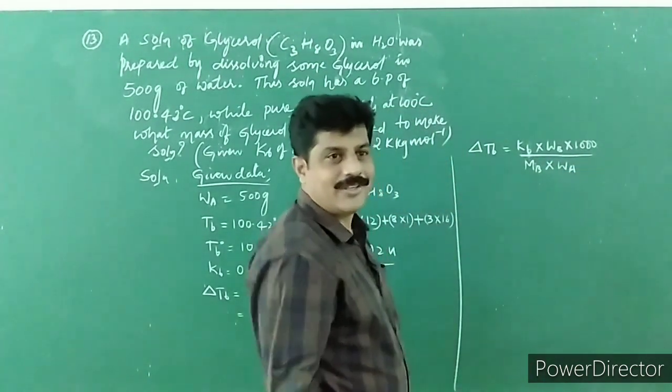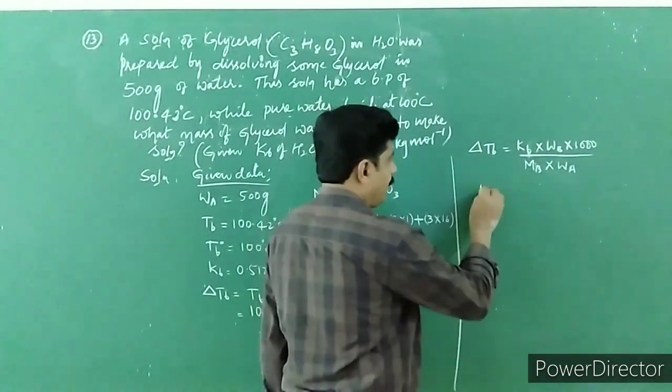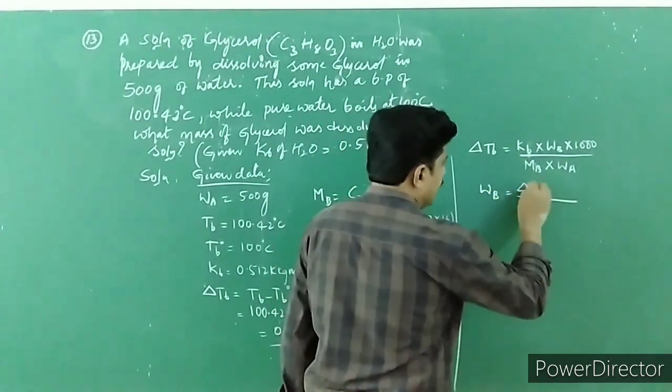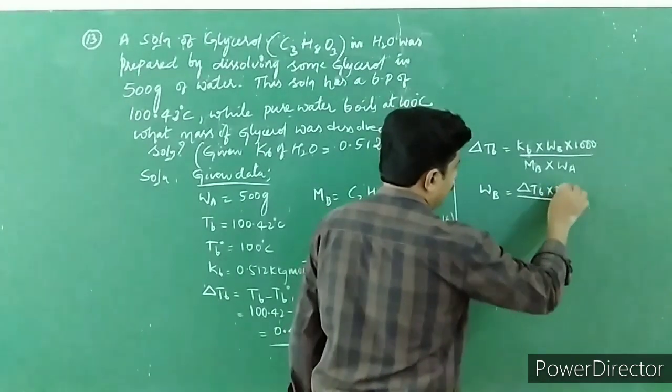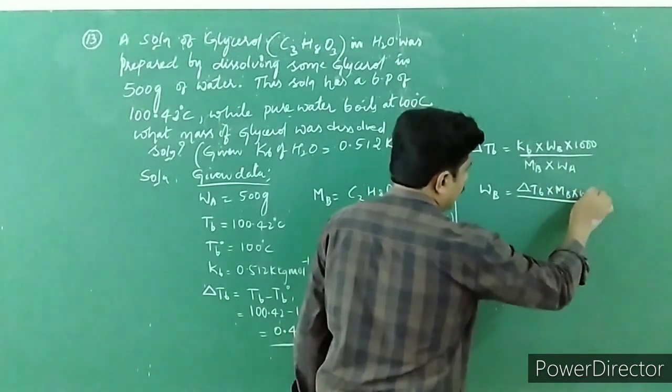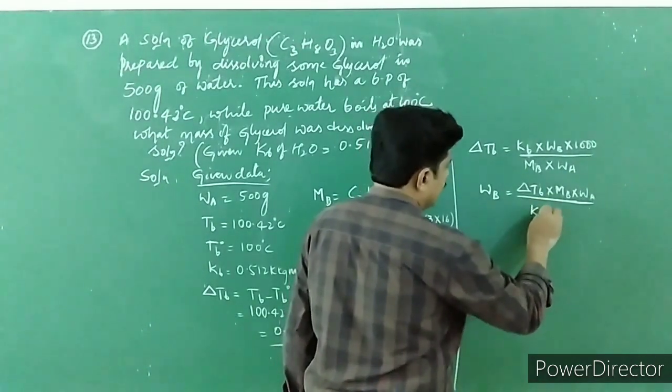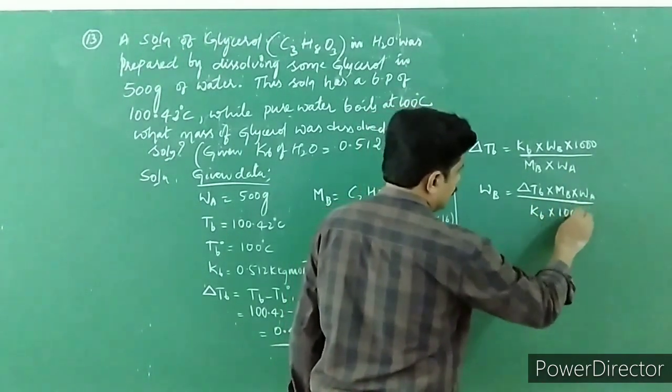Is it not? Now I'll reshuffle. Look at here. Wb is equal to delta Tb into Mb into Wa upon Kb into 1000.